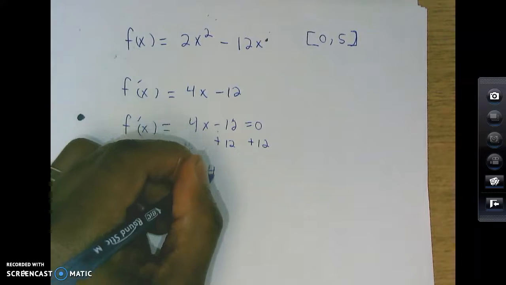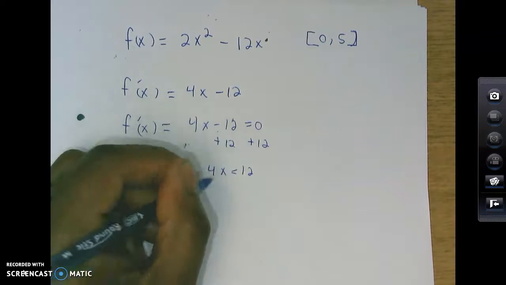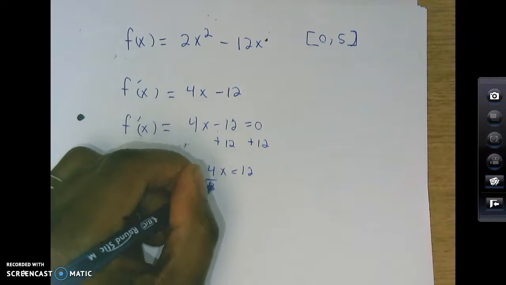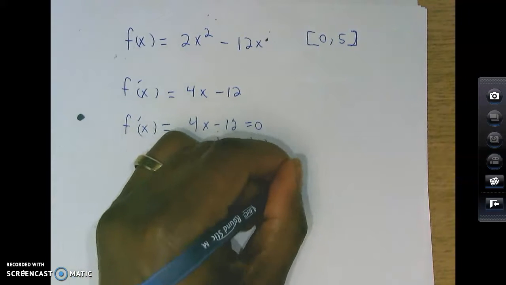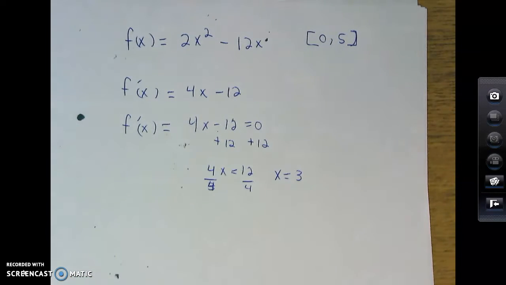So I get 4x is equal to 12. Then I'm going to divide both sides by 4. So x is equal to 3. So this is a possible candidate, but the only way that we can determine if the absolute max or the absolute min is going to be at x is equal to 3, we first need to check to see if it's going to be a relative max or a relative min.